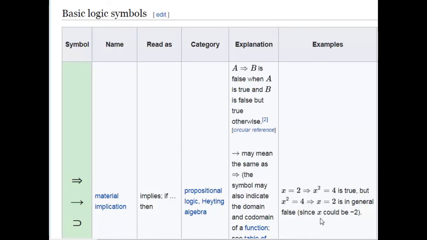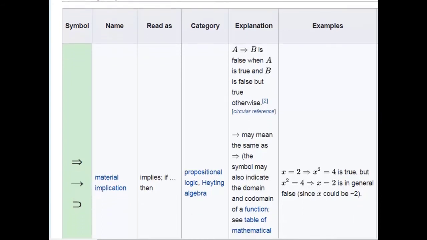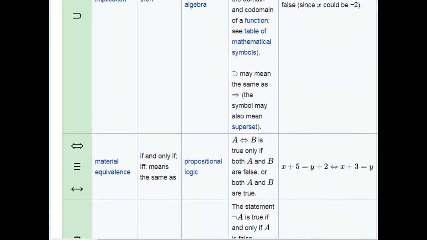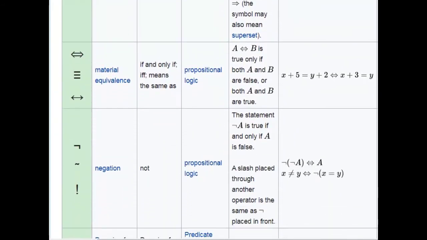Now, the next one. Equivalence. We usually use the first one, or the second one also. It reads as if and only if, or like this, means the same as.